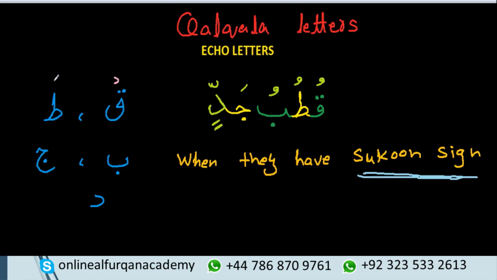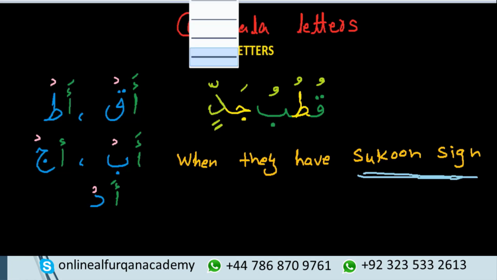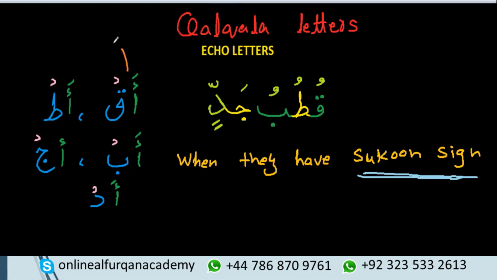Now just give them sukoon sign. Obviously we need one more letter before that, so just add Hamza here. And now if you pronounce, there will be echo sound on these 5 letters, like Aq. At the end, the Q sound, that is the echo sound, and it happens naturally. When we are pronouncing this example Aq, there are 2 parts.